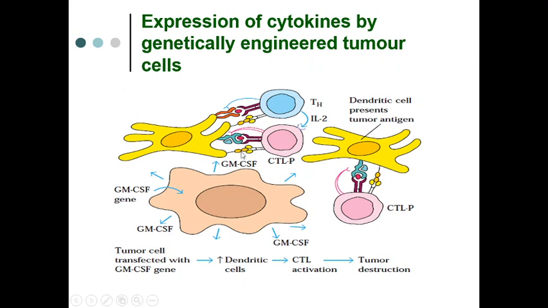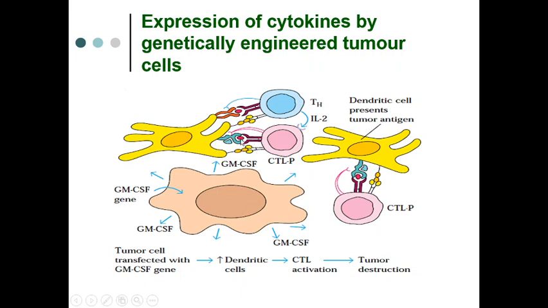And since GM-CSF secretion is actively going on by the tumor cell, those antigen presenting cells, especially dendritic cells and macrophages, will also express the B7 molecule. By expressing the B7 molecule, which is the co-stimulatory molecule, their activity is enhanced.